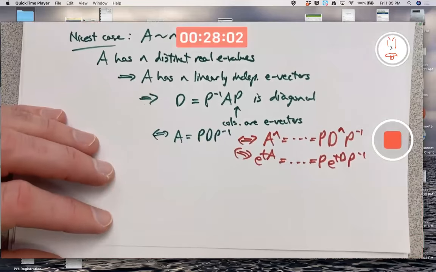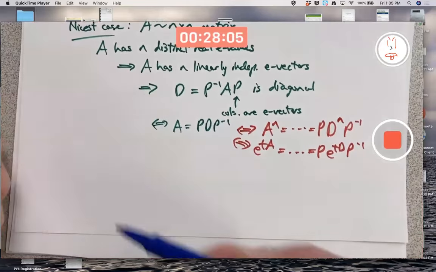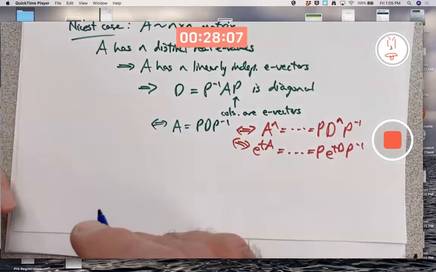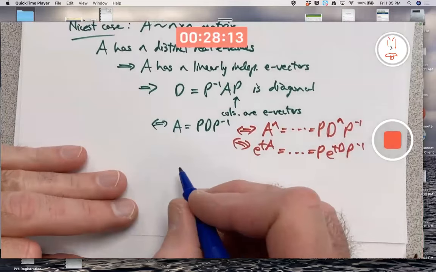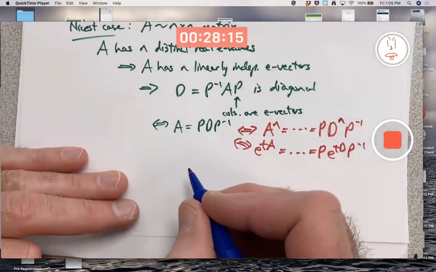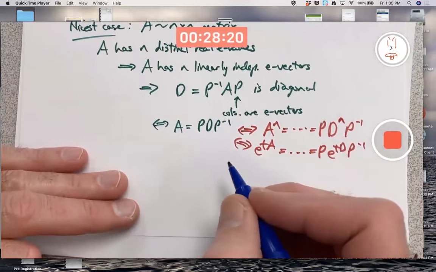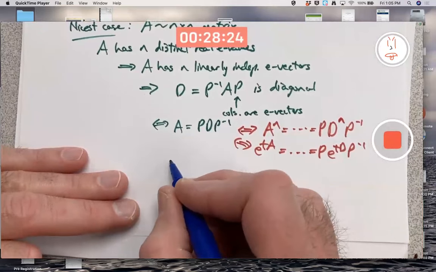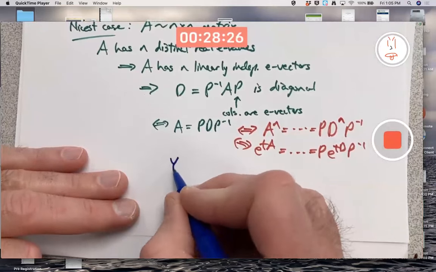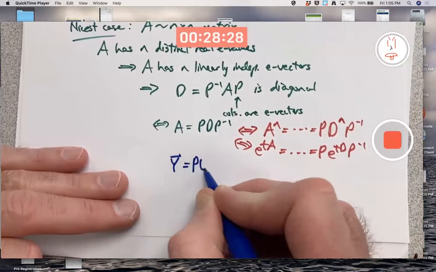We could also mention this is related to change of coordinates, the change of coordinates matrix that goes back to talking about vector spaces. P is a change of coordinates matrix. And without talking about the official idea of coordinate vectors, in the case of differential equations, I typically think of it as y equals Pu.